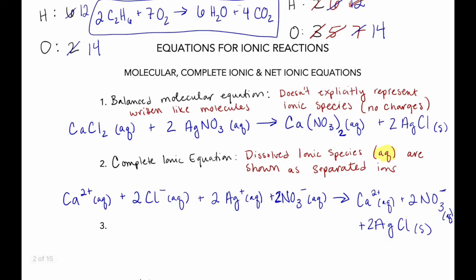All right, so the last equation type is the net ionic equation. And this term net is going to mean eliminating anything that is not involved in the actual reaction.